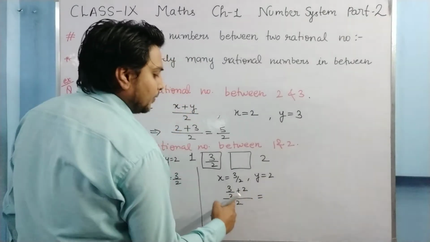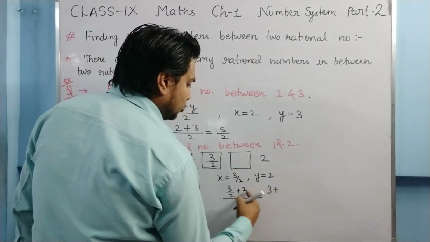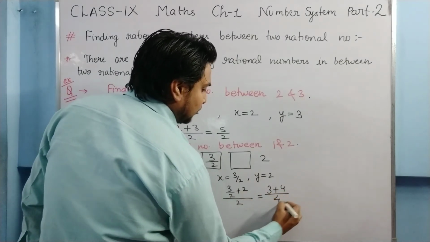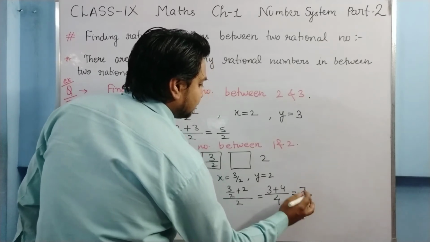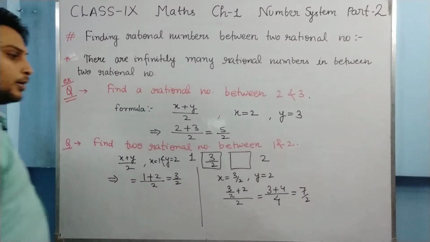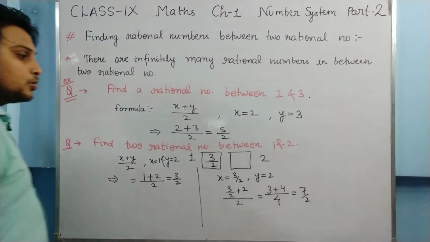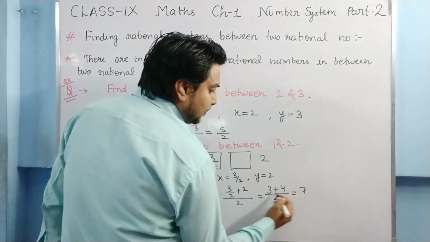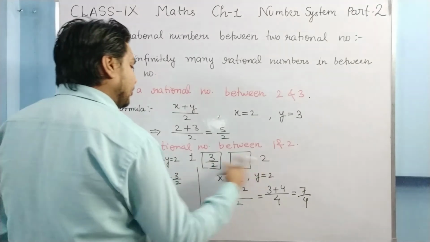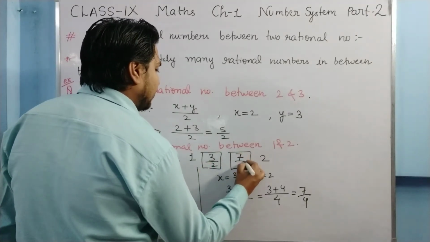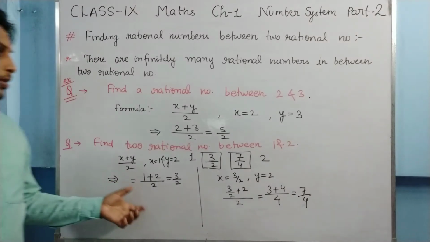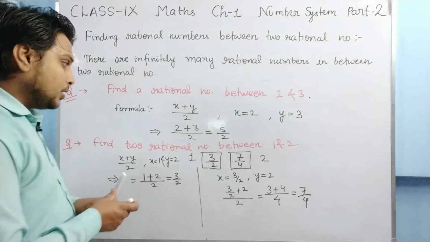It will be 3 plus 2 twos are 4, so 7 upon 2, and then upon 2 it will be 7 by 4. So the other number in between 1 and 2 will be 7 upon 4.